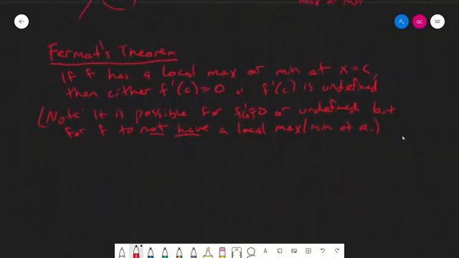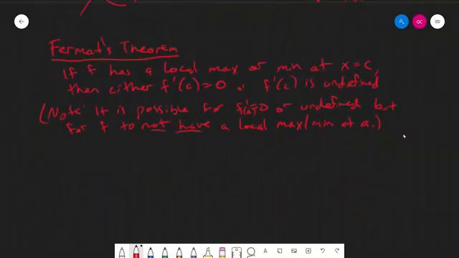For example, if you look at the graph of y equals x cubed, well, the derivative y prime is 3x squared, and y prime of 0 is, in fact, 0. But now the graph of y equals x cubed looks something like this.